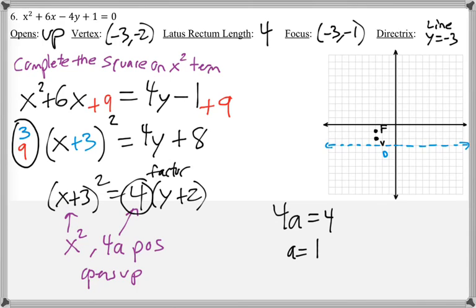So my width at my focus is 4, which means I need to go 2 to the right and 2 to the left from my focus. And then I can graph it, and that will be my parabola.